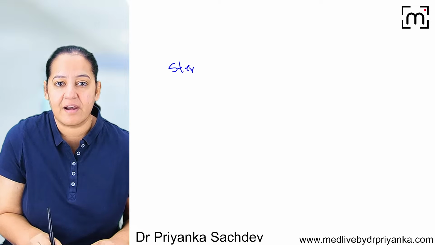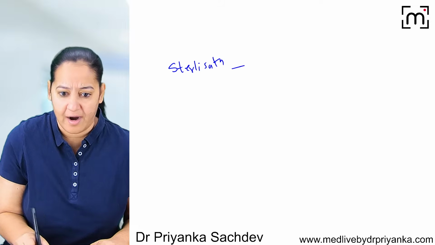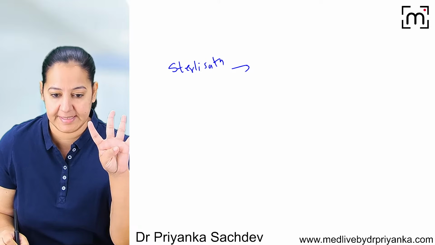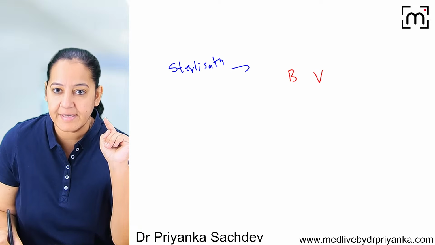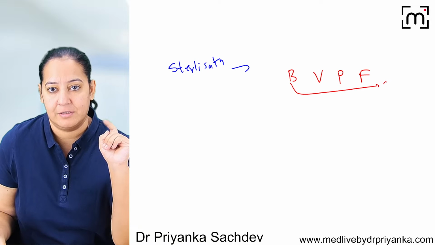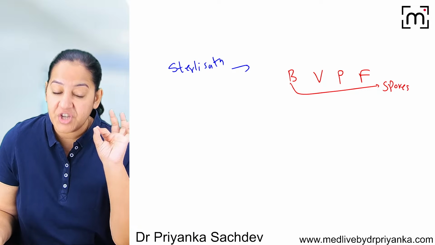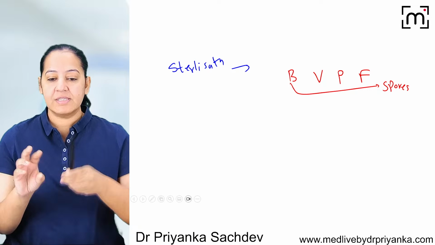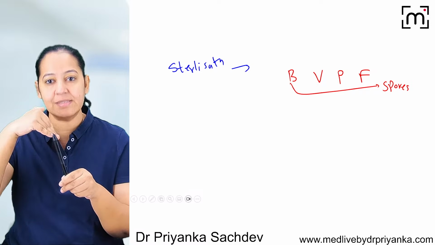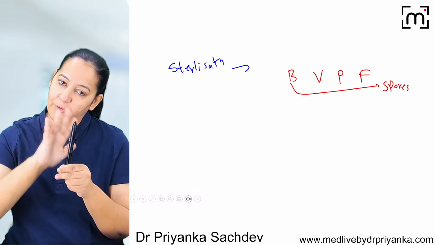If I say sterilization of any article, for example this pan, there are 4 types of microorganisms: bacteria, virus, parasite, and fungus. And bacteria form spores, which are the most resistant to killing. Now, this pan contains all of these, including spores.